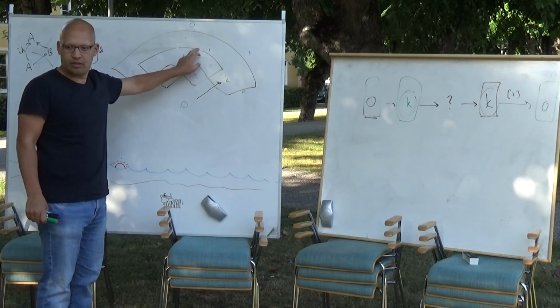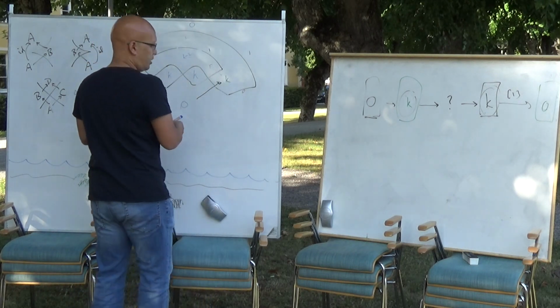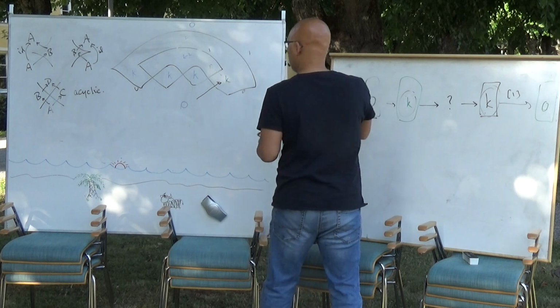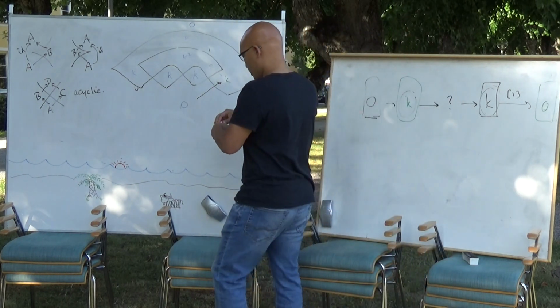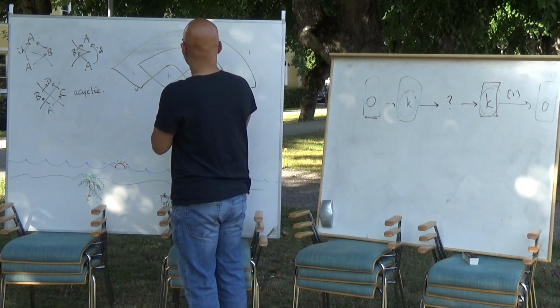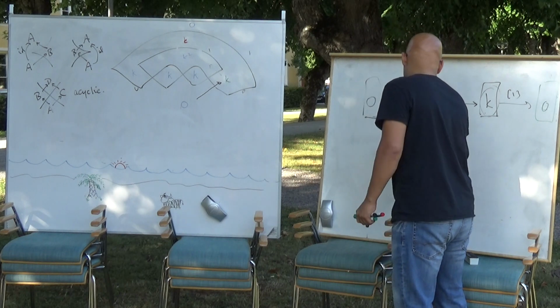Let's look here. Okay, so for this one, let's study this one. And maybe I'll again use color. I'll color this one now. So then I'm supposed to have K squared.